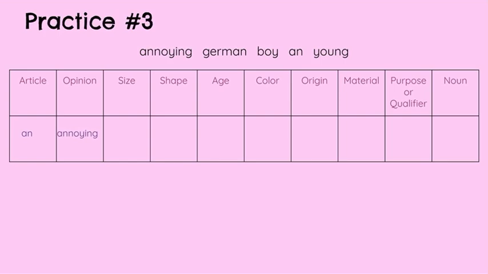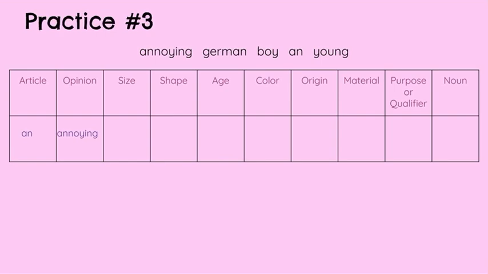Now we have size. We have German, boy, young. None of those are really a size, but young might be a size. We can debate on that with another one. First of all, shape cannot be any of them. So now we can debate with size and age for the word young. Young would go in age because it's telling you how old something is.